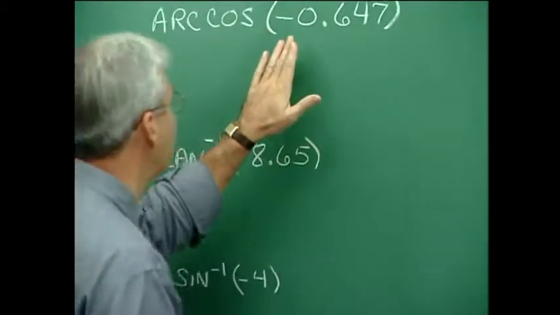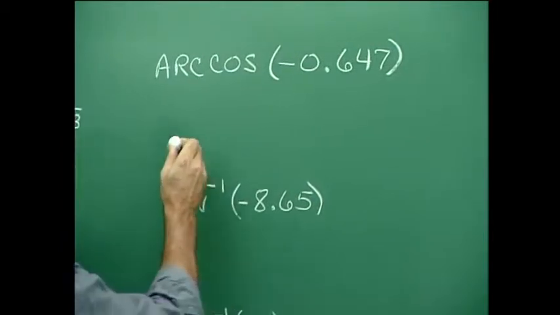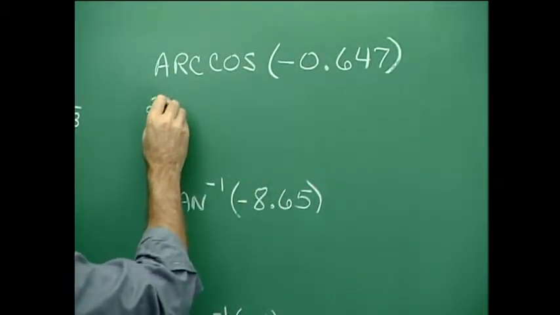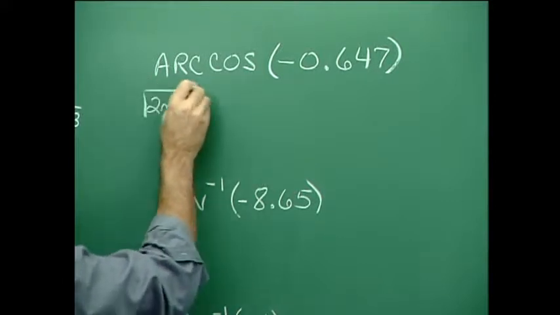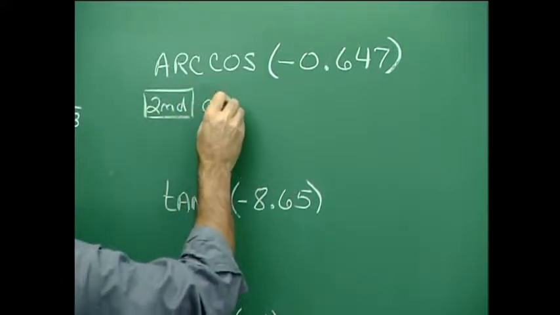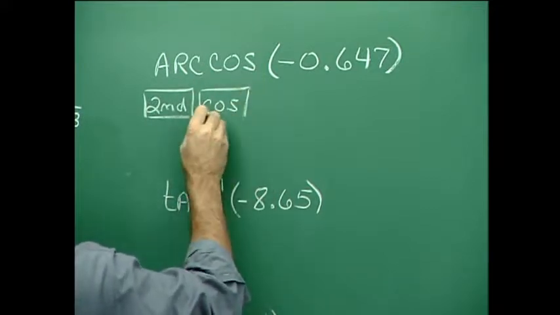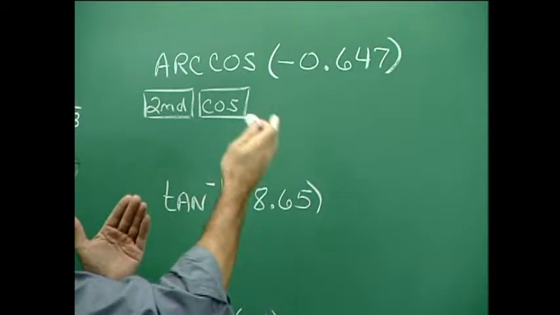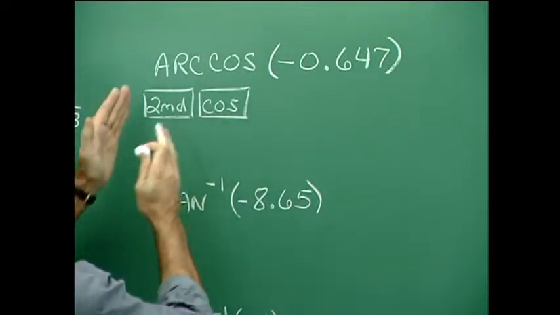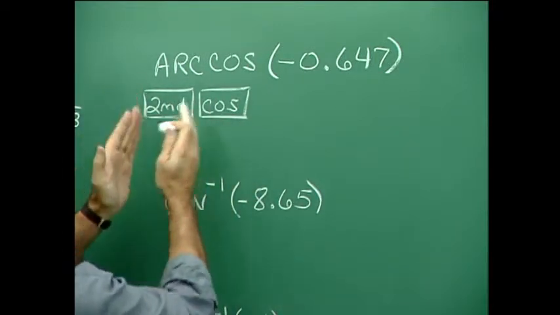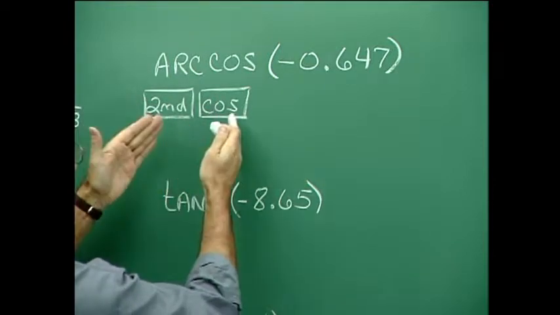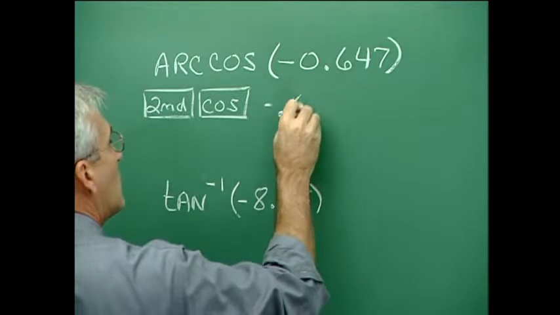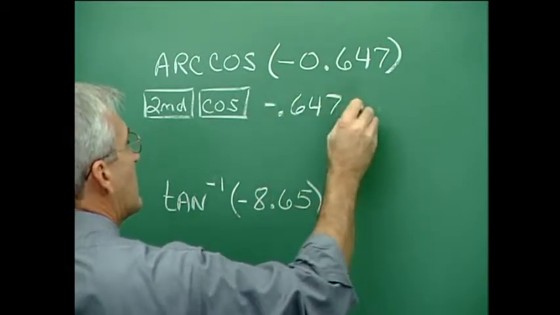Because it's negative. Now, to use the calculator we do this. We press second and then cosine. The second function on all of the trig functions are the inverses of them. So this is the inverse of the cosine. So it's like arc cosine or inverse cosine of, and then you just enter the number and press enter.